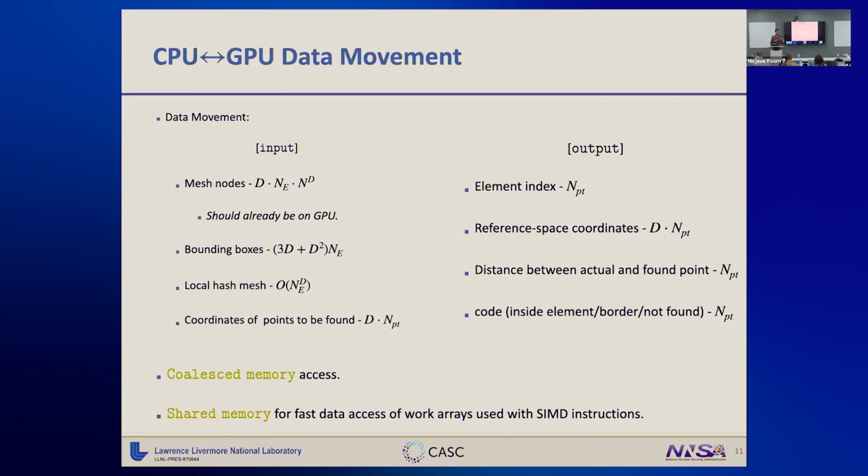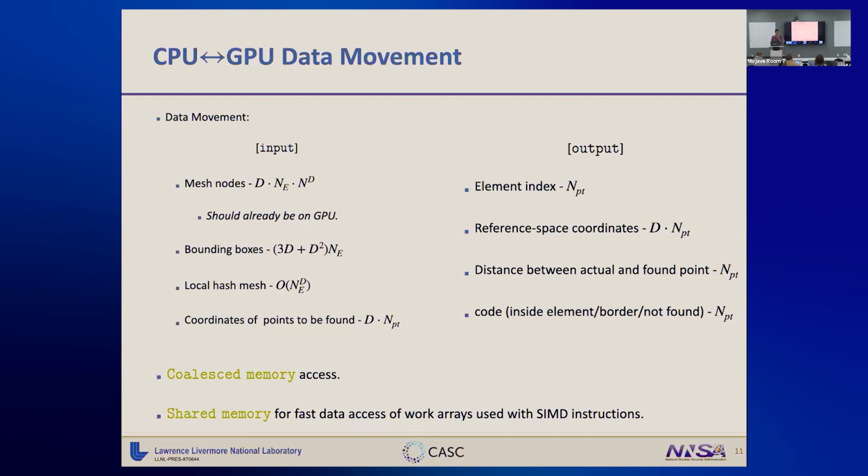And then finally, once we are done figuring out the element, we're going to return the output, which is going to be the element index, the reference space coordinates inside that element, the distance between the actual point and the point that you found, and then a code which indicates whether a point was found inside an element, on an element boundary, which is relevant for interpolating functions in L2 spaces, or if a point was not found at all in case it was located outside the mesh.